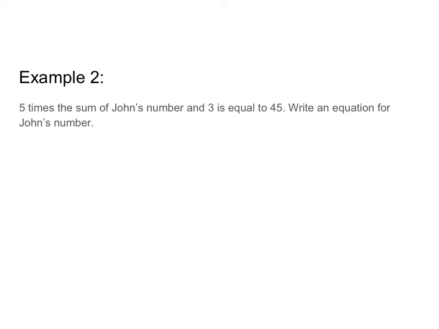All right, so here the only option for our variable would be J for John's number. And then we have to think about what's happening to J. So 5 times the sum of John's number and 3.